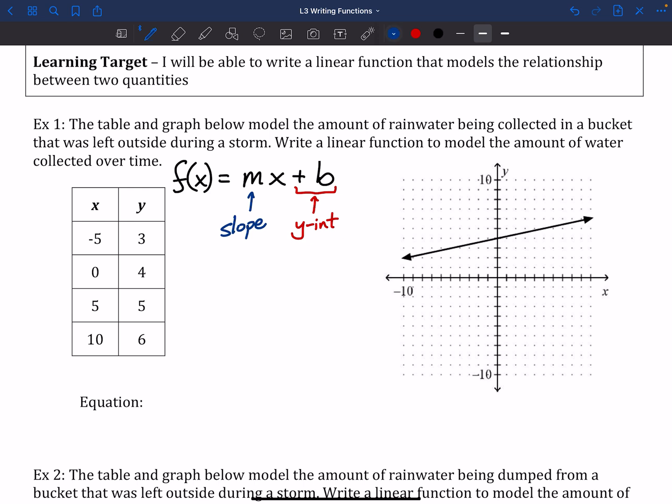We're also going to talk about the slope and the y-intercept a little bit differently. For slope, we want to think about it as a rate of change. When we're talking about rate of change, we're saying how fast is that quantity changing over time. As for the y-intercept, we want to think about that as sort of our starting point.